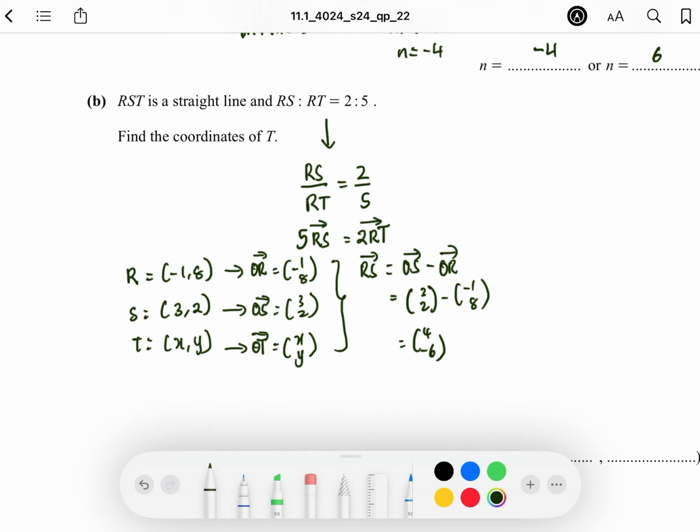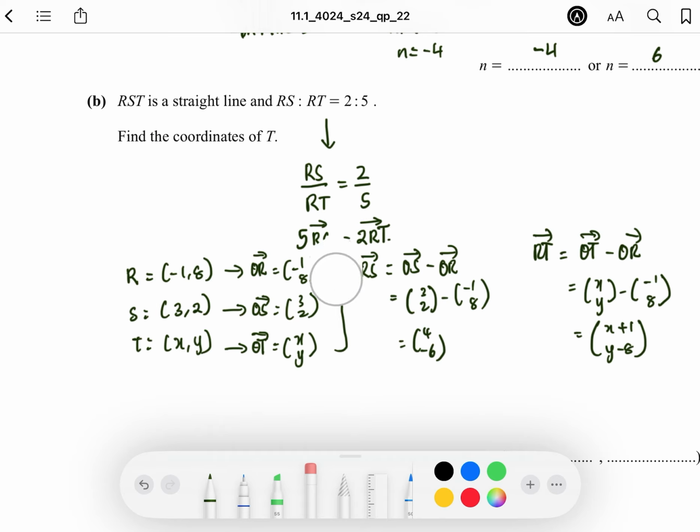Now you do the same thing with RT. RT would be OT minus OR. So OT is x, y minus OR is -1, 8. And that gives you x plus 1 and y minus 8. We'll just leave it like that.